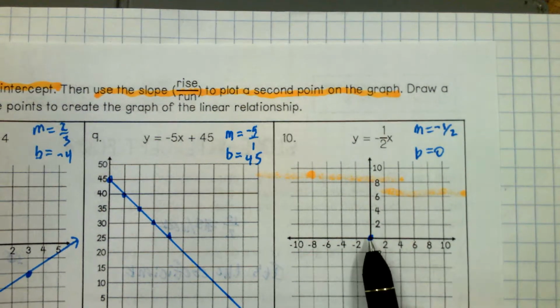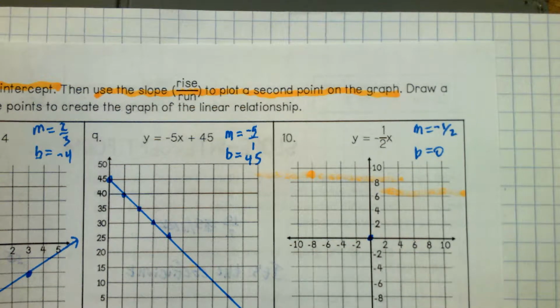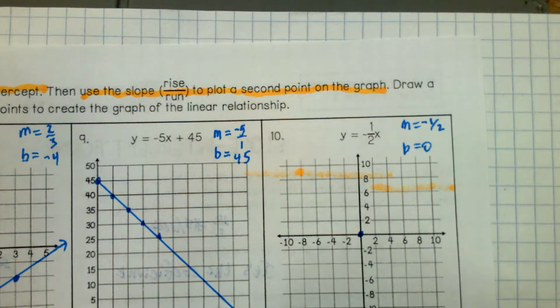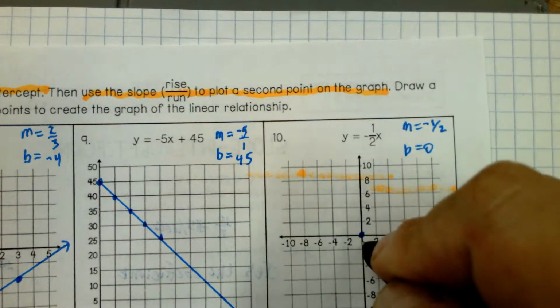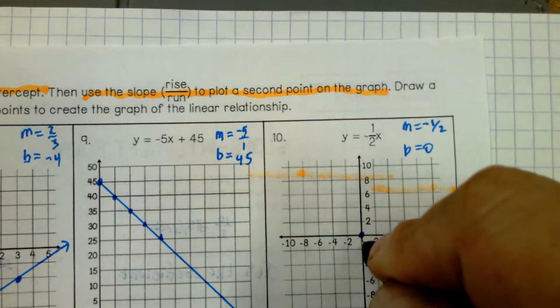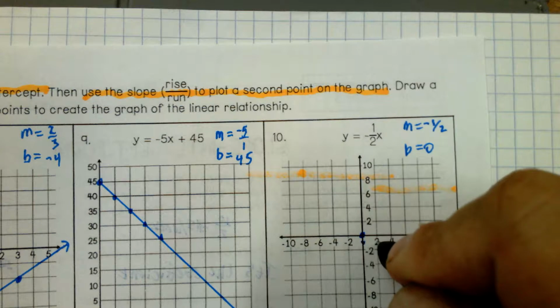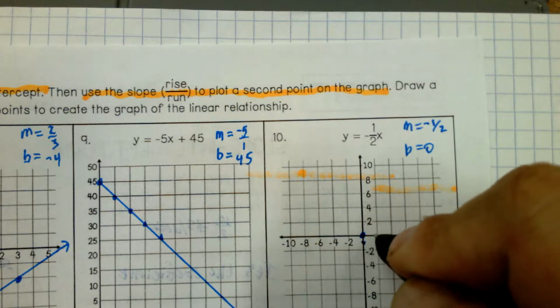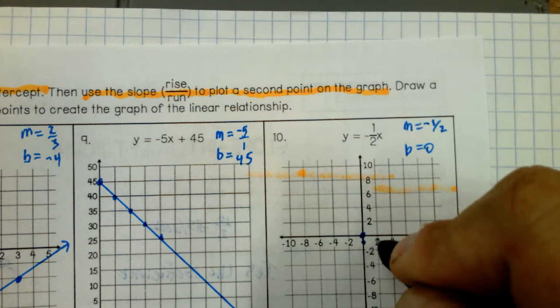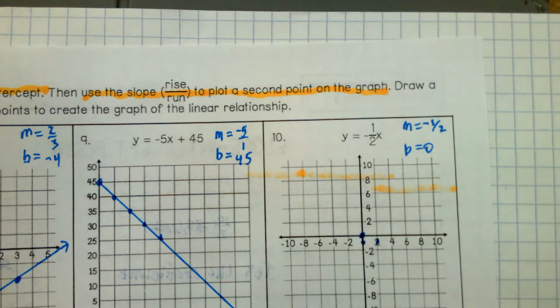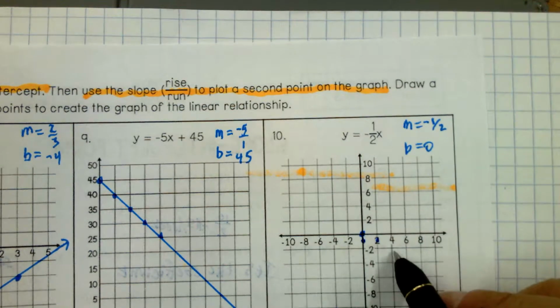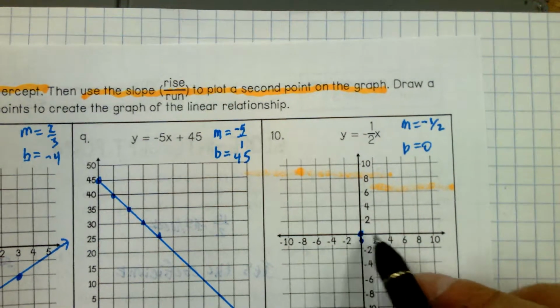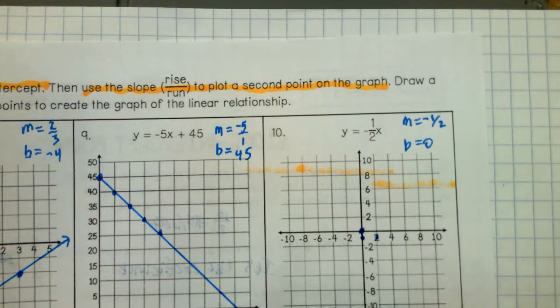So going down 1 is going to be a little tough, right? What are we counting by on the y-axis? 2's. So I have to go down a half step because that's 1, and then over a whole step because that's 2. Remember, we're counting by 2's here on our scale.